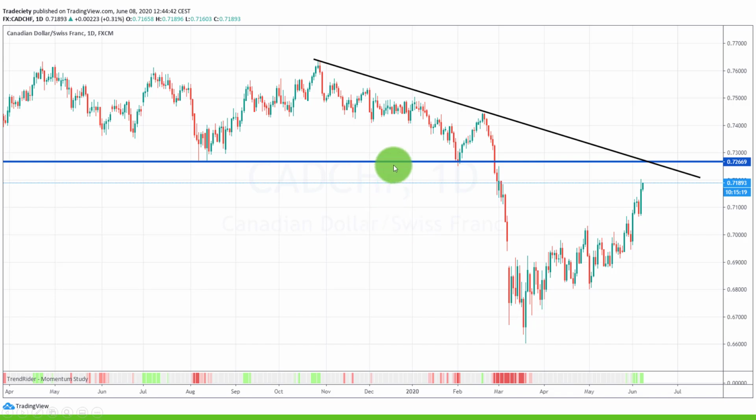We have the Canadian Swiss, which is trading or about to trade into big resistance levels. First of all, the blue level shows here previous support. It may turn into resistance. This is often how support and resistance works. And another confluence factor is that here the trend line intersects with the previous support area.